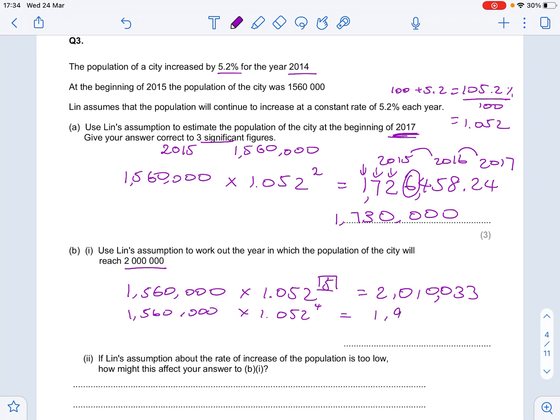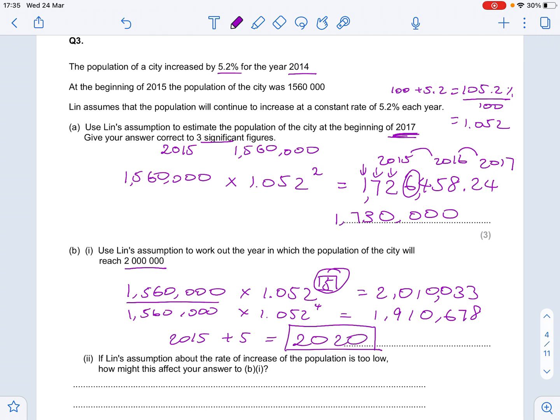That's under 2 million. Therefore, to reach over 2 million, it must be after 5 years. So this is what we're starting with in 2015. After 5 years, your answer should be 2020. So in 2020, it will reach 2 million.